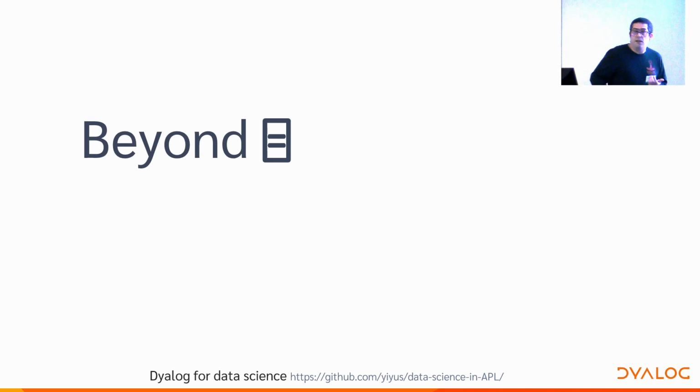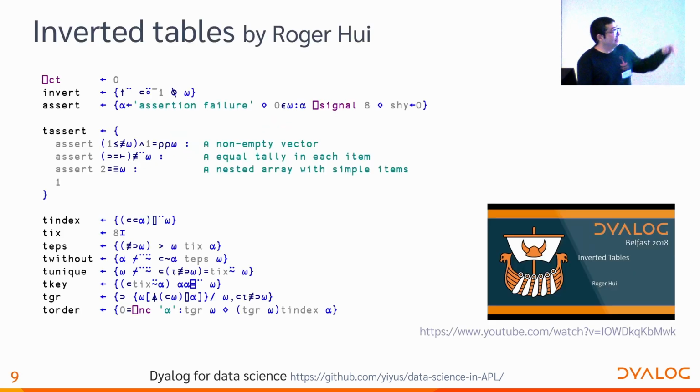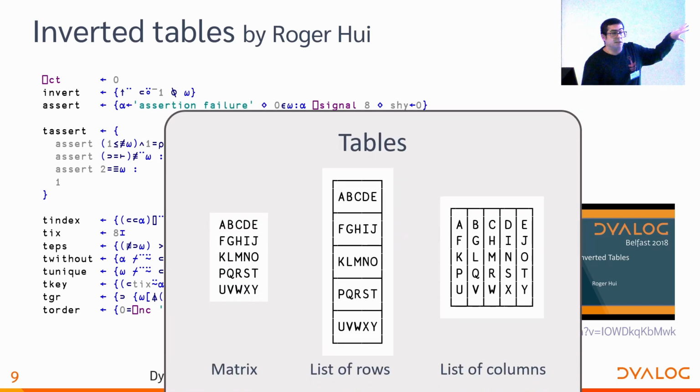For example, we could define a set of functions to work with data tables. We have an excellent example by the late Roger Hui, who presented six years ago in the Dyalog meeting this nice set of functions to work with inverted tables. You know that we can represent tables in different ways: matrix, list of rows, list of columns.